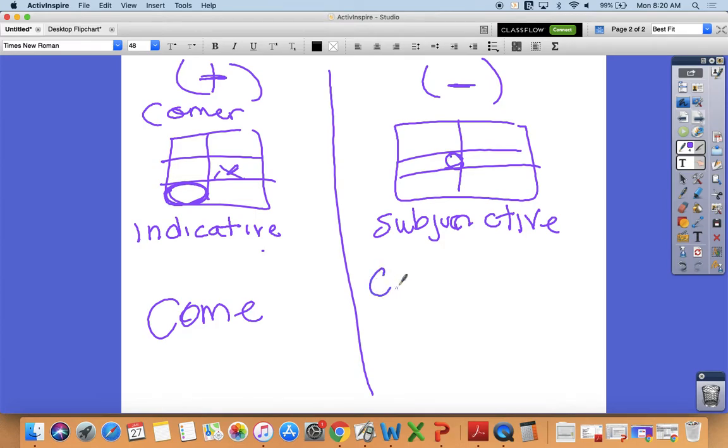With comer, it's not that big a deal, right? Comer goes to como. But after I put it in the yo form, then what do I have to do? Add the opposite endings. And doing this whole process is called forming the subjunctive. So it's basically that tú form of the subjunctive.